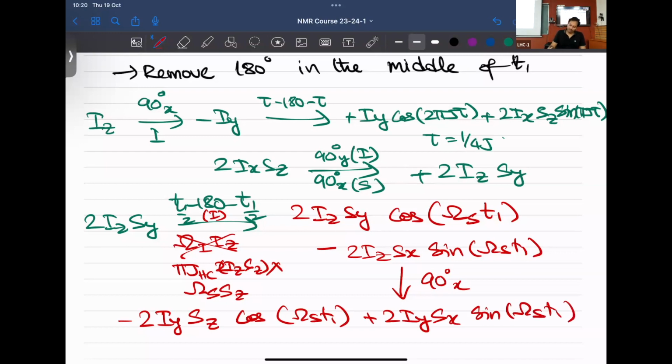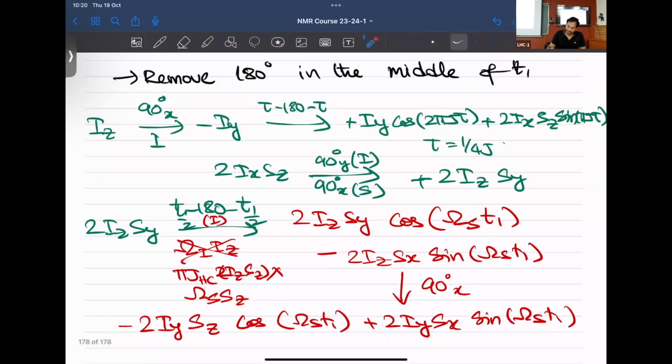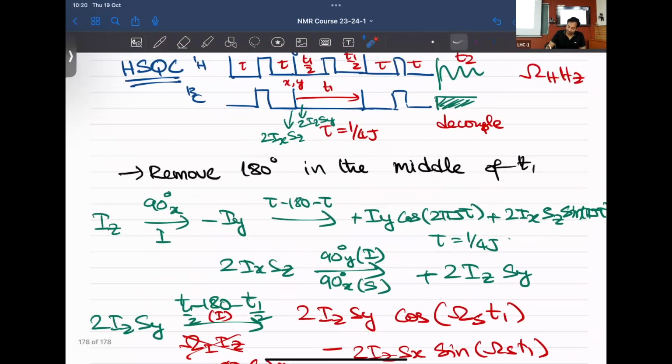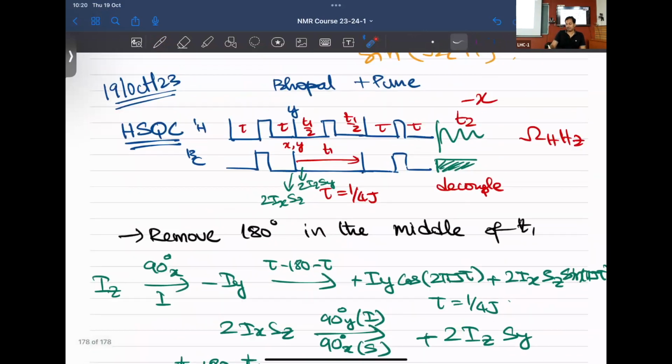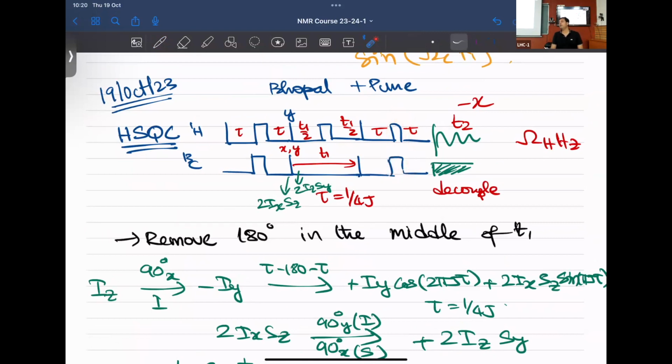Right? Now, what is left here is that this is still a single quantum term, but if you see, this has become a multiple quantum term. Then you might argue that there is a tau 180 tau that is still left and there is still a pulse being applied. Maybe it will change the order of coherence. But we know for a fact that the 180-degree pulse will just flip the order of coherence: +1 will become -1, -1 will become +1, +2 will become -2, -2 will become +2, and 0 will remain 0.